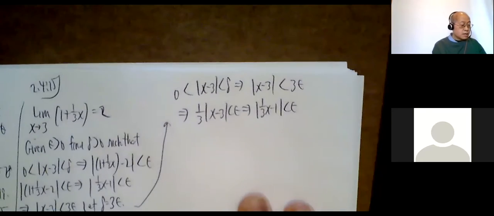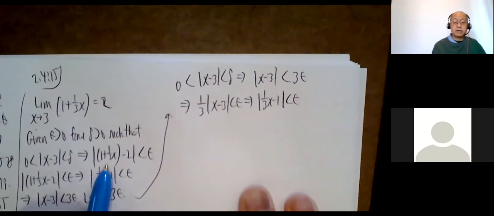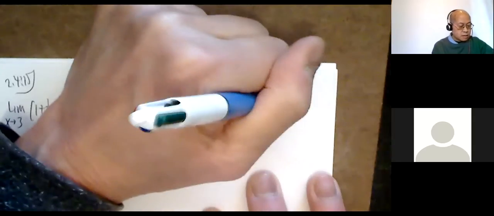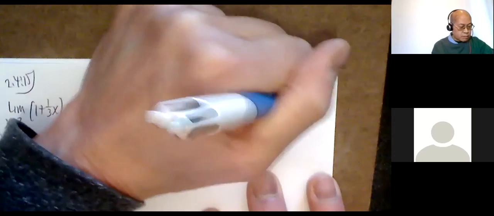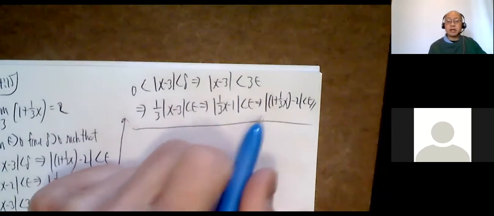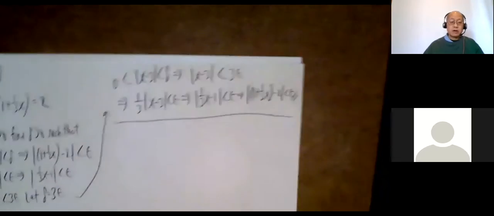Distribute that back in. 1/3 x minus 1 less than epsilon. And then just write it the way that I need to, which is like this. So that implies 1 plus 1/3 x paren minus 2 is less than epsilon. End of proof. And double check that that works. Yes, that's correct.